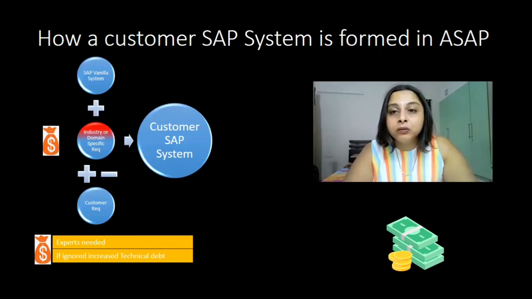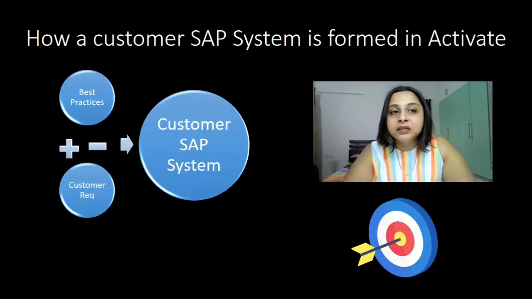You might lose out on more important requirements. And as we saw how the cumulative yield and technical debt impact the final product to the customer, if these things are not addressed in the very first phase, it leads to a significantly low cumulative yield or very high technical debt. Now, this is how the customer system is formed in case of ASAP.